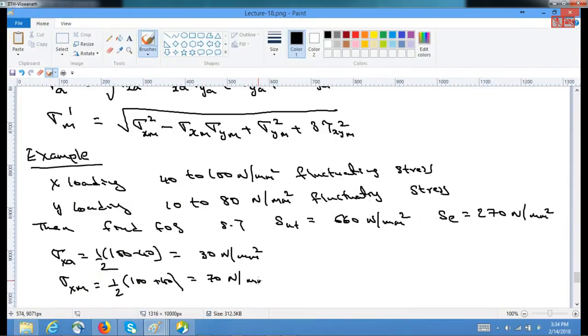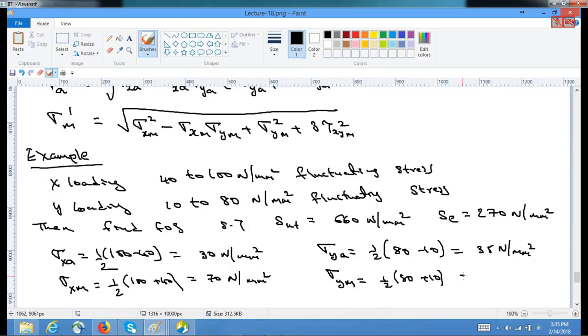Now similarly we also calculate sigma YA, which is 1/2 of 80 minus 10, so 35 Newton per mm square, and sigma YM is 1/2 of 80 plus 10, which is 45 Newton per mm square.